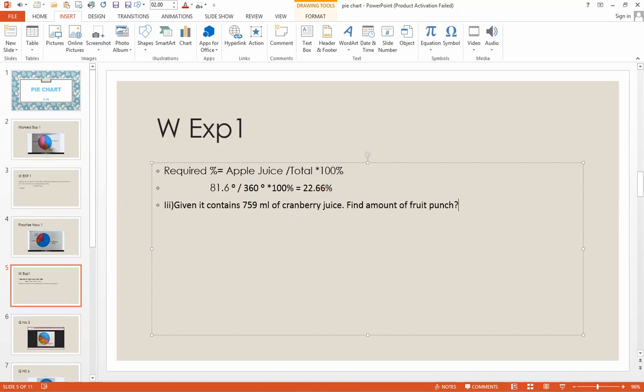I have to write this for you because this part is very much important. Usually, students commit mistakes in that part, because they don't understand what they are asking for. They are asking you to find the amount of fruit punch. In other words, you have to find the whole of this liquid. Okay, amount of fruit punch.